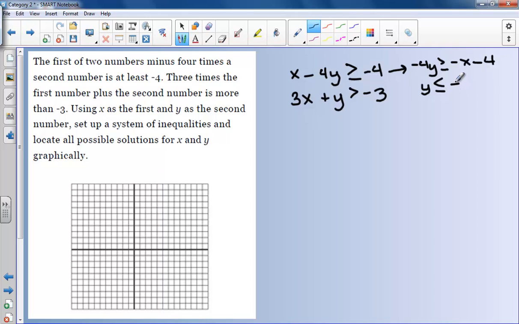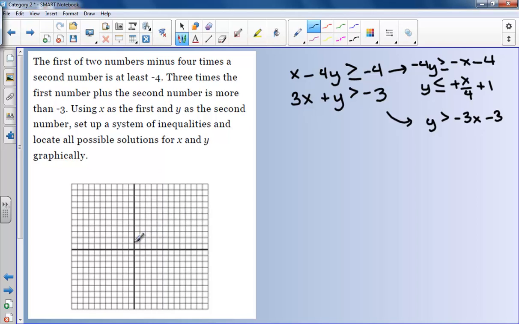And so that's going to become a positive x over 4, and it's going to become positive 1. So then this one is going to be y is greater than negative 3x minus 3.